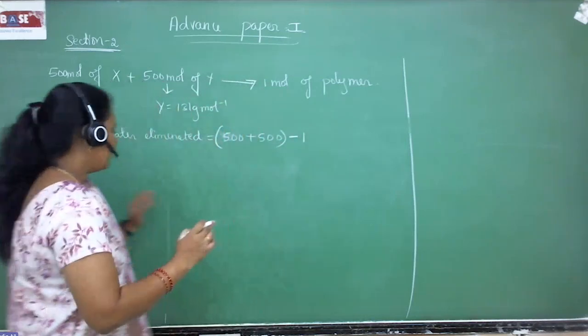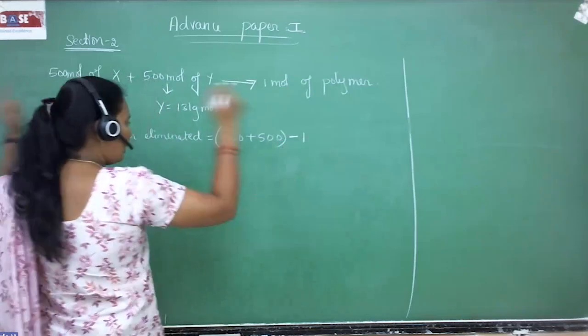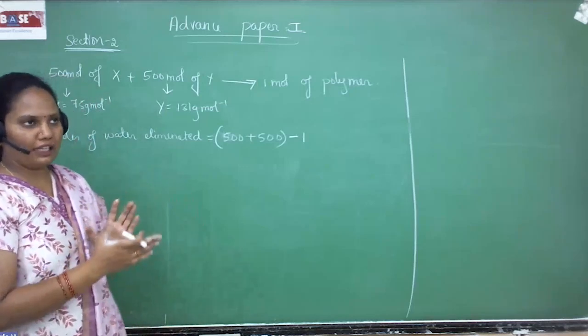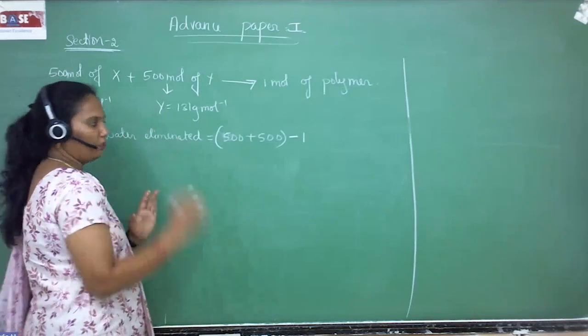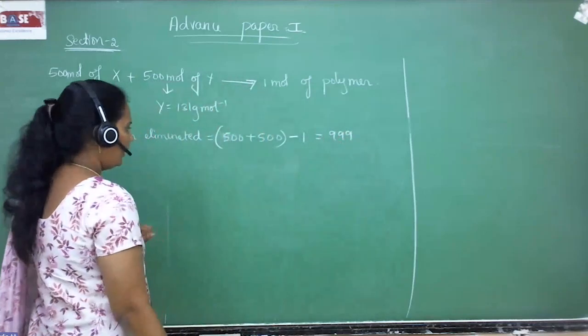Why? Because at the end you have COOH and NH2. Those two will not eliminate the water molecule. Therefore, the number of water molecules eliminated will be 1 lesser compared to the monomer. Therefore, this is nothing but 999.